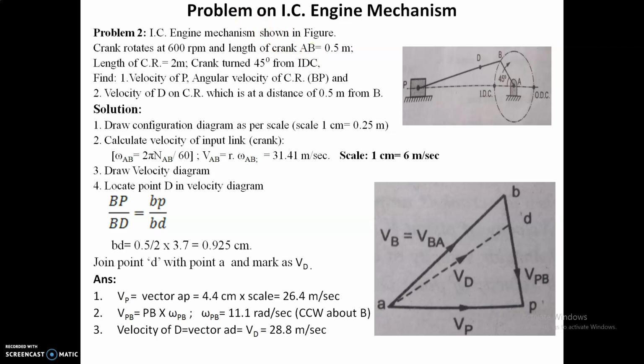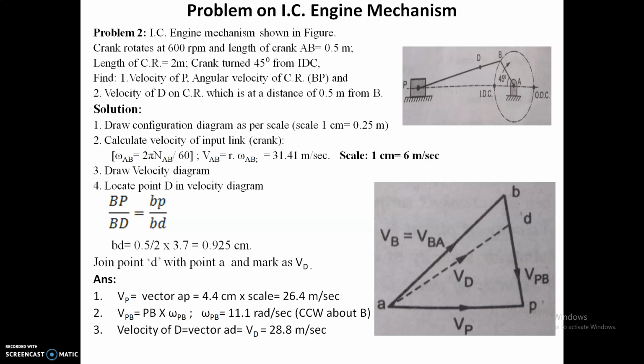The length of crank AB is 0.5 meter and the length of connecting rod BP is 2 meter, and on the given connecting rod BP a point D lies at a distance of 0.5 meter from B. So from the given information for the IC engine mechanism, the unknowns are: first, velocity of slider P; second, angular velocity of connecting rod BP; and third, velocity of point D which lies on the connecting rod at a distance of 0.5 meter from B.